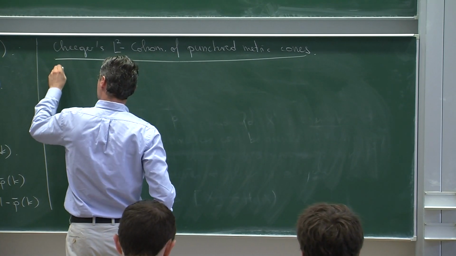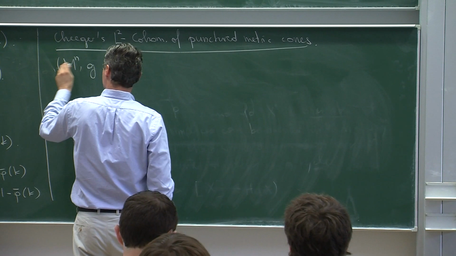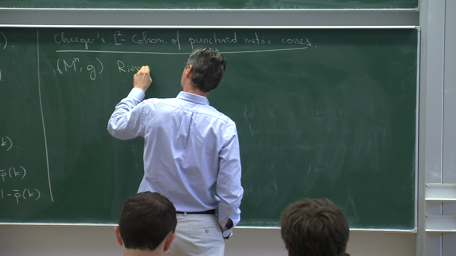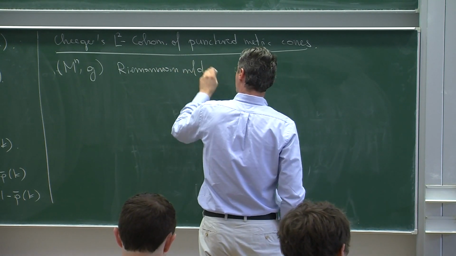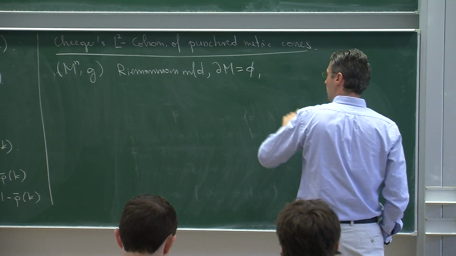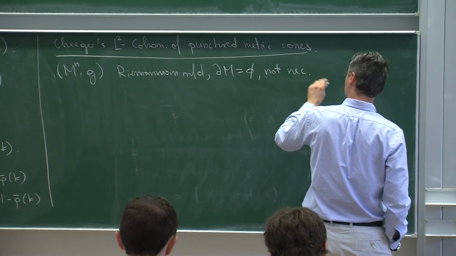So let me take a manifold, a Riemannian manifold. I want no boundary, but it's not necessarily compact.